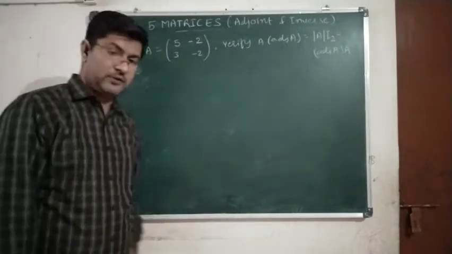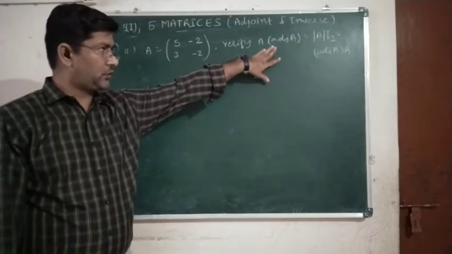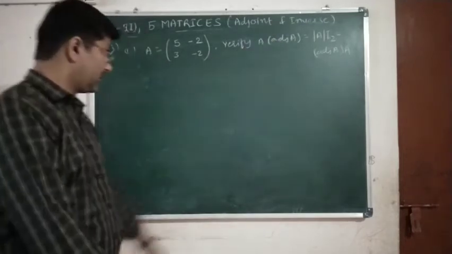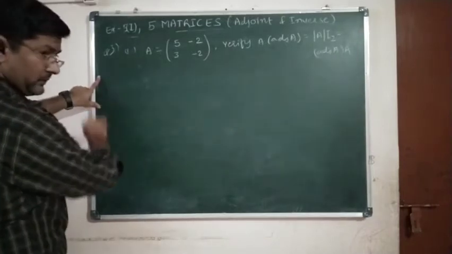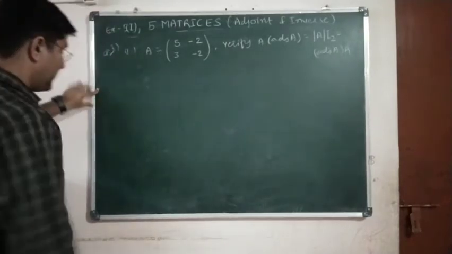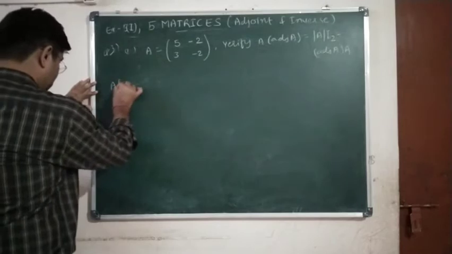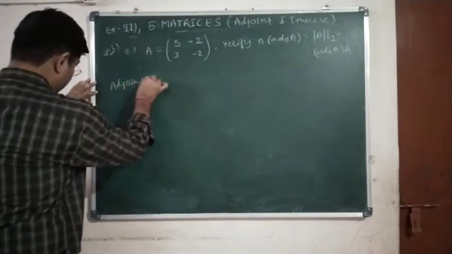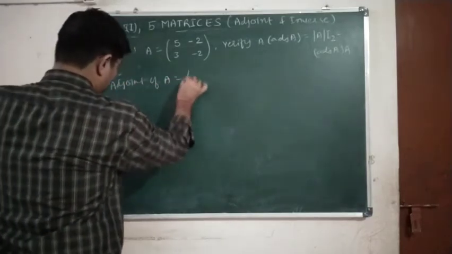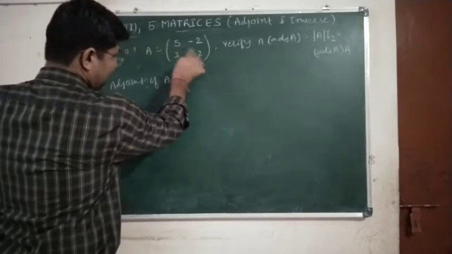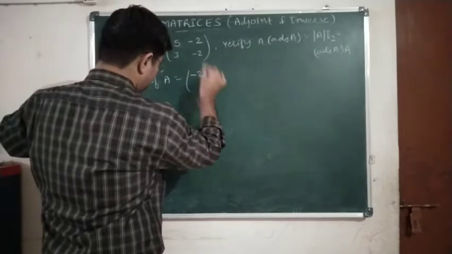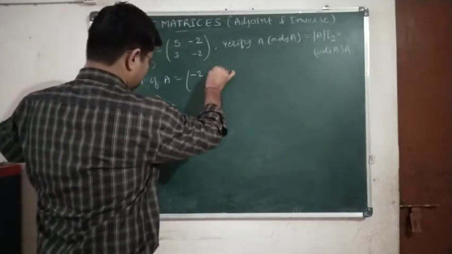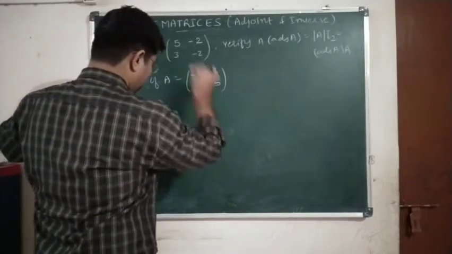Okay, in order to prove this property we have to find the adjoint of A as well as the determinant of A. Let us first find out the adjoint of A. We have a rule to find the adjoint of a 2 by 2 matrix. Adjoint of matrix A is obtained by interchanging the diagonal elements, giving minus 2, 5, and only changing the signs of the off-diagonal elements.